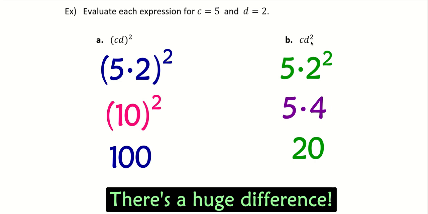The CD or just D? Well, only the D is being squared, or only the 2 is being squared. But over here, because of the parentheses, what's being squared is the entire C times D, or the entire 5 times 2. And yeah, that's a huge difference, okay?